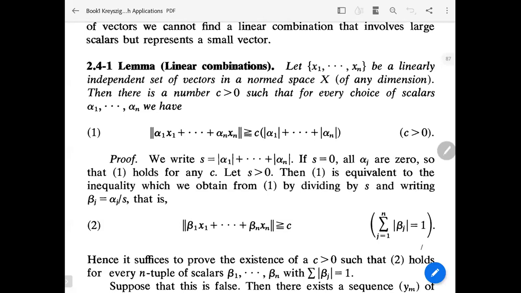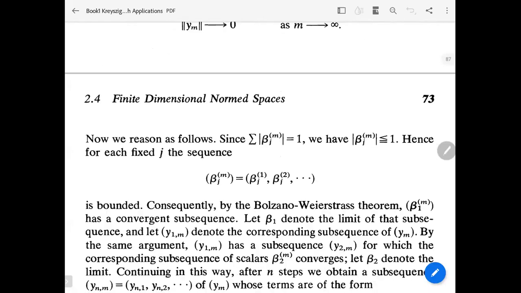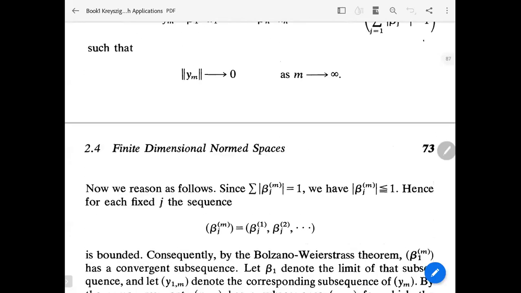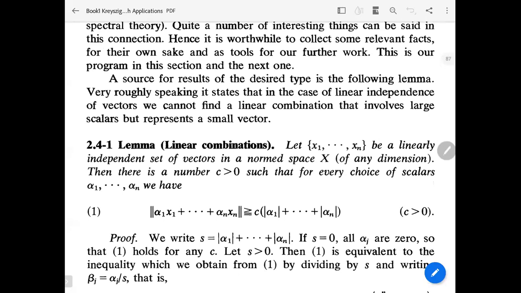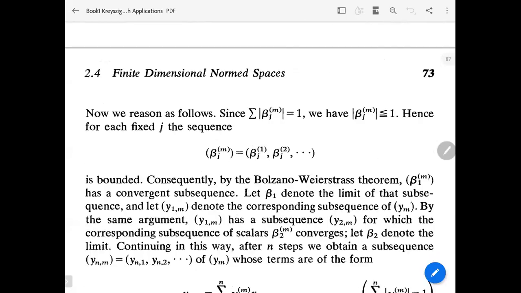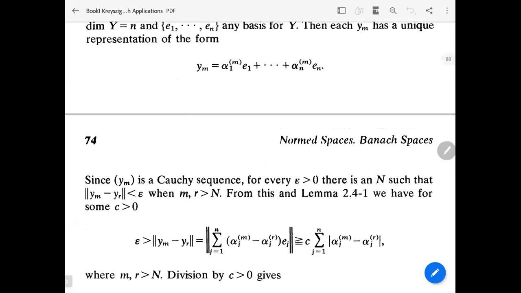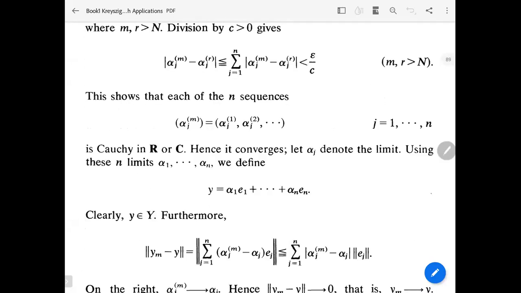In each result, you will apply this lemma. Every finite dimensional norm space is complete; you can prove it using this lemma. Just read it. It's your reading assignment.